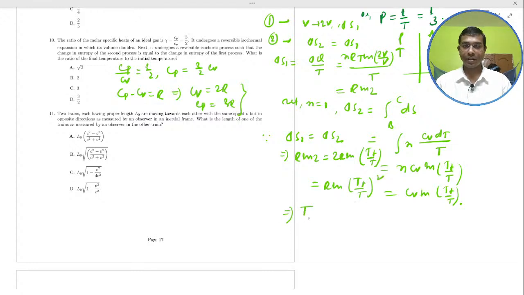That means Tf divided by T is square root of 2. Square root of 2, option A is correct.